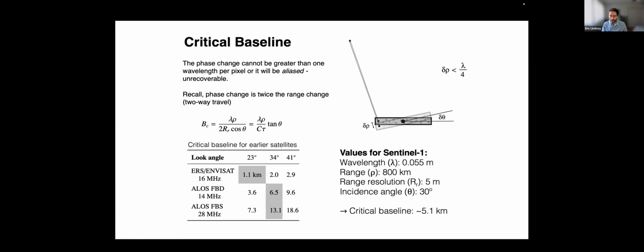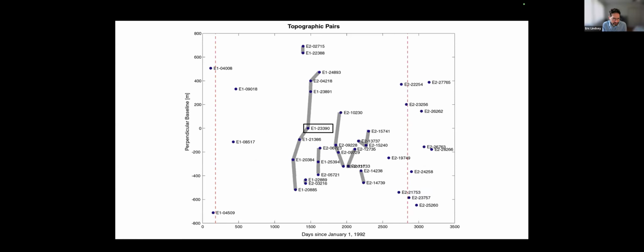But okay, so if we think about what we want to do, we could form a bunch of interferograms like this, where we form short time spans. So we're not looking for deformation, but we have large perpendicular baseline, not more than the critical baseline, right? So here in meters, hundreds of meters from minus 600 to plus 600.